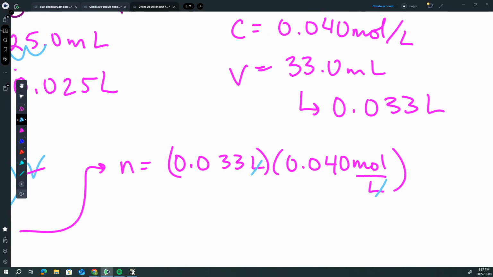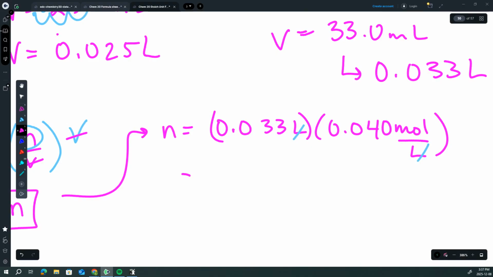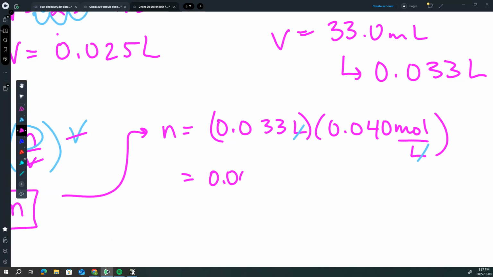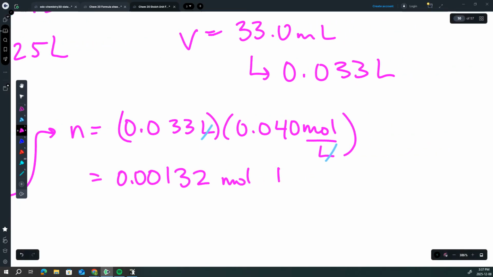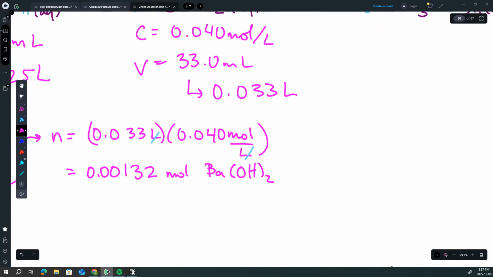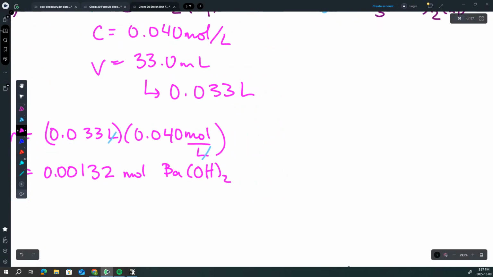Liters is on the top and the bottom, so they cancel out. If I take 0.033 times it by 0.04, we're going to get 0.00132. And that's going to be moles of barium hydroxide.